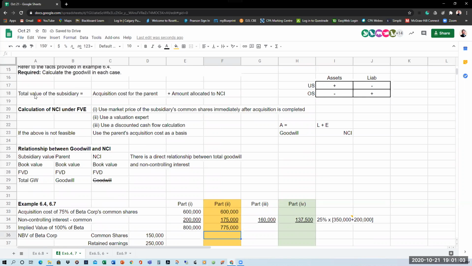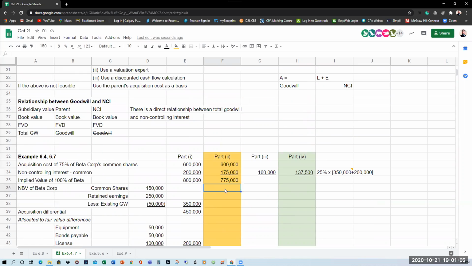So the total value of Beta Corp in part two is 775,000. It's not 800,000 anymore. It's 775,000. Right? That is important to keep in mind. In part two, the parent's acquisition cost is 600,000. NCI is allocated a value of 175,000. So the total value of Beta Corp in this case is 775,000.